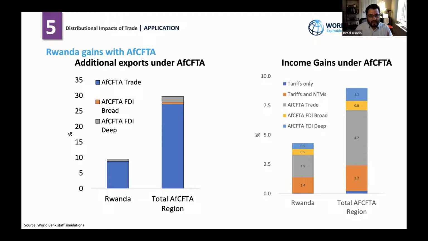The big gains that we see are coming from the reduction in non-tariff measures and the implementation of trade facilitation. Now, we also account for what is going to happen with deeper integration in the AfCFTA, if we have a shallow or a deeper agreement, and that has also important consequences.